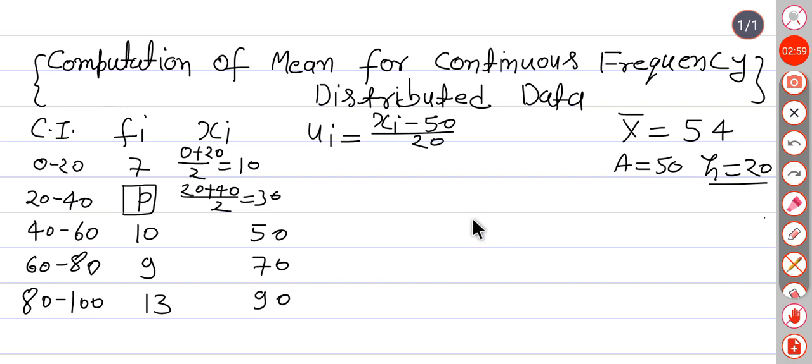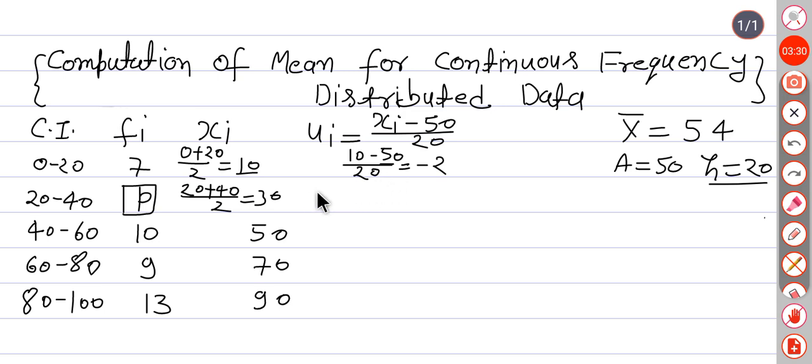Now let us calculate the value of ui. Here xi is 10, so 10 minus 50 upon 20 will come to minus 2.